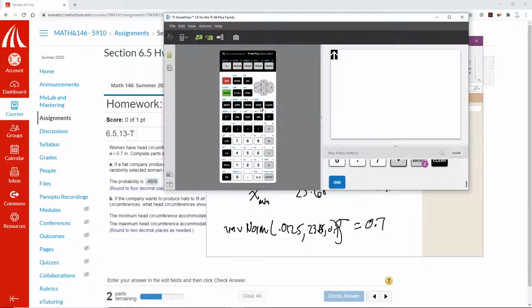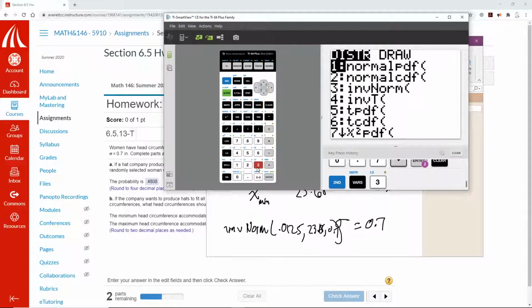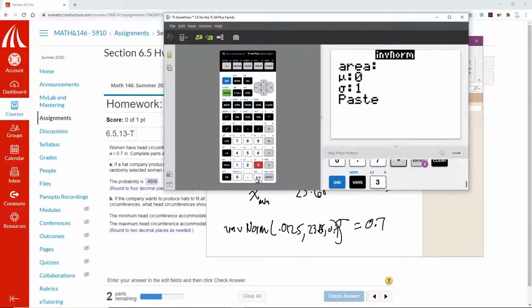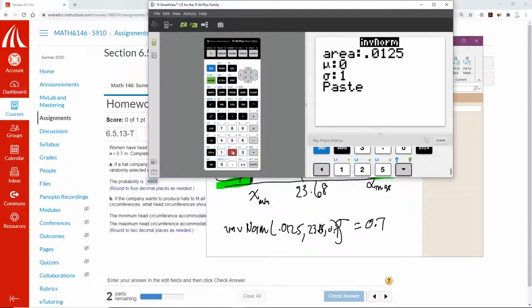Go to second, distribute. Number 3, the area is 0.0125. The mean is 23.6, and 0.7.